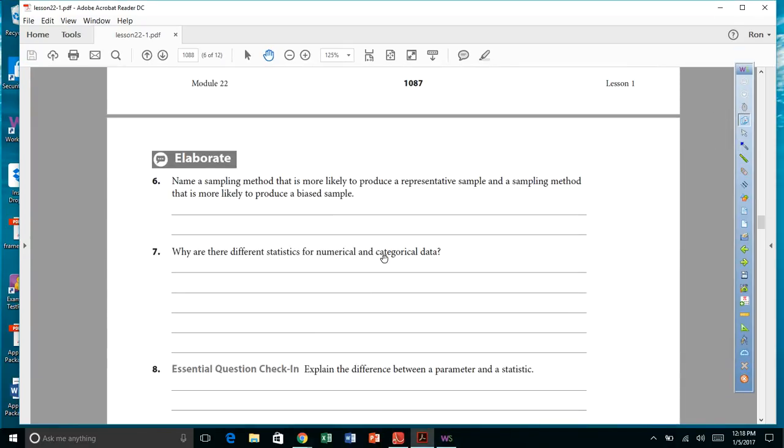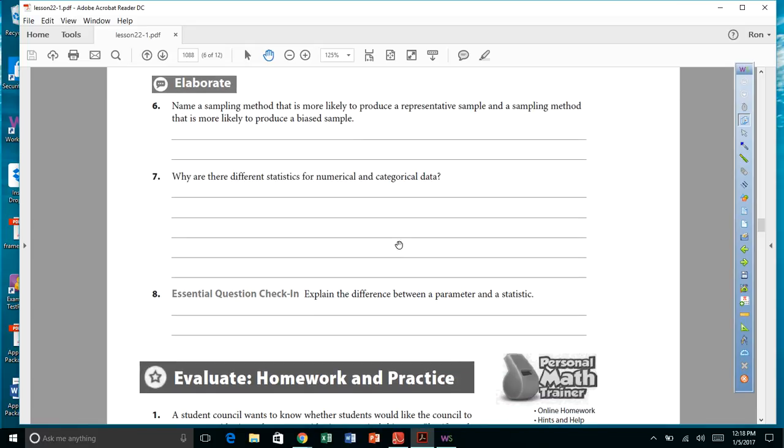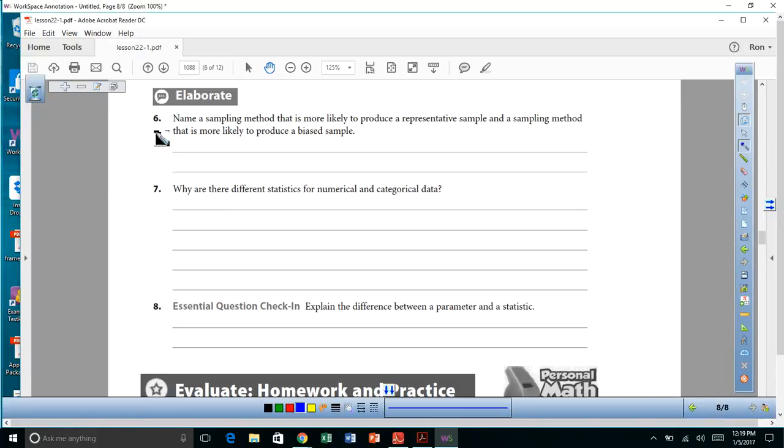All right. Name a sampling method that is more likely to produce a representative sample and a sampling method that is more likely to produce a biased sample. Simple random sample is more likely to produce a representative sample. So one of the best is the simple random sample.